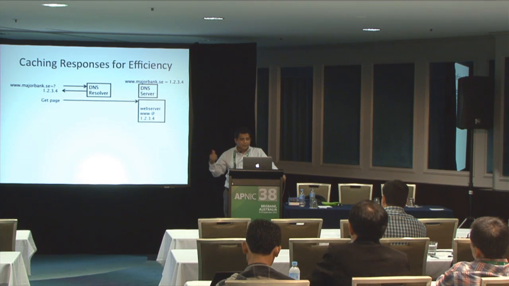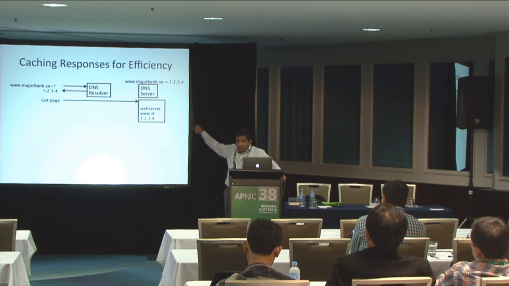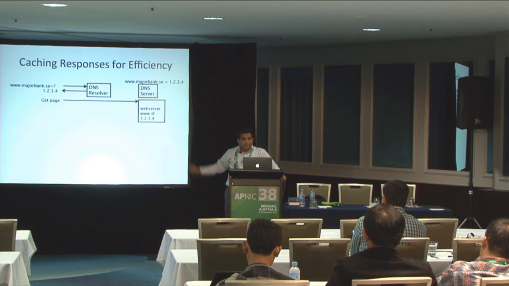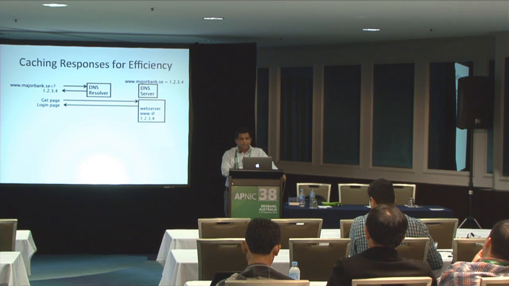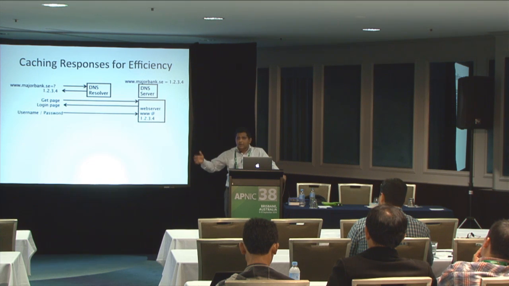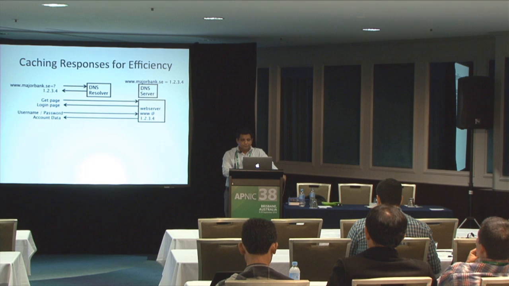So in this example, you can see that there's no repetition between the DNS resolver and the DNS server because it's already in the cache. So it can straight away give the answer from the cache, so that the clients can go and talk to the web server again and again, right? Multiple clients can come and talk to the web server and get the information.